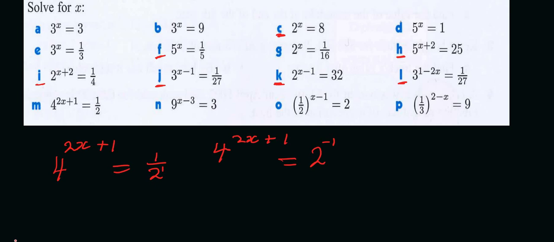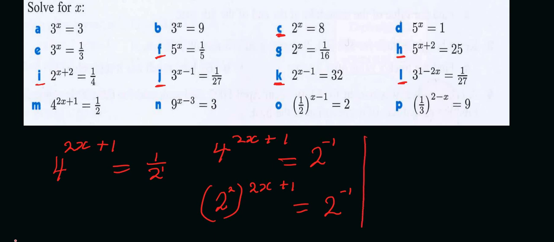Okay, so when we do that, we're going to have 2 exponent 2, and 2x plus 1 equal to 2 exponent -1.